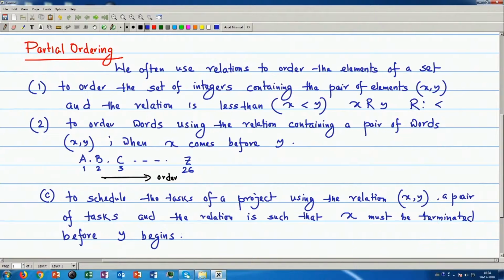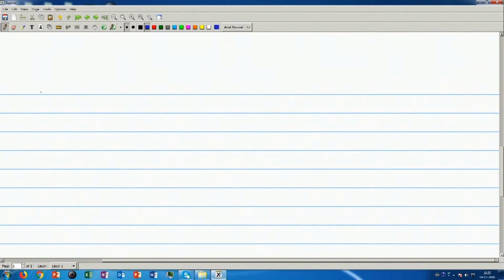So, for this type of example we can use a relation, and some particular properties are used for that, mainly the reflexive, the antisymmetric and the transitive properties.